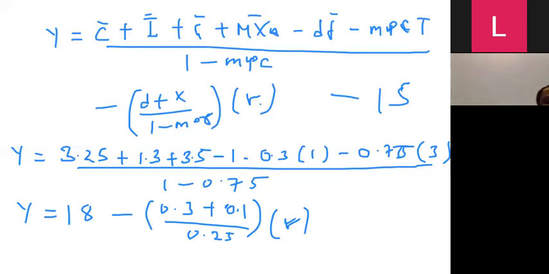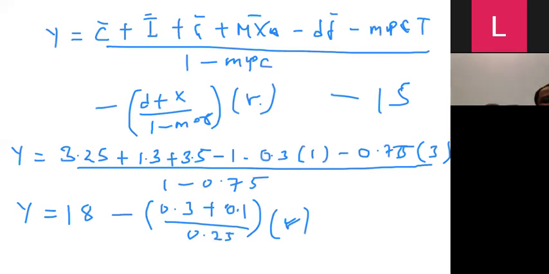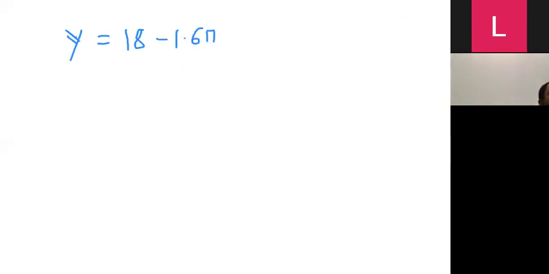So that means I'm going to have Y equals 18 minus 1.6R. Okay, so if you check, that's what you're going to have. Sorry, it's not inflation, it's 18 minus 1.6R. Sorry, it is R, yeah, it is R. Great. So this one is R.